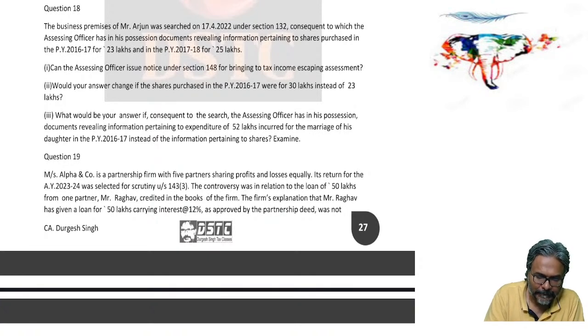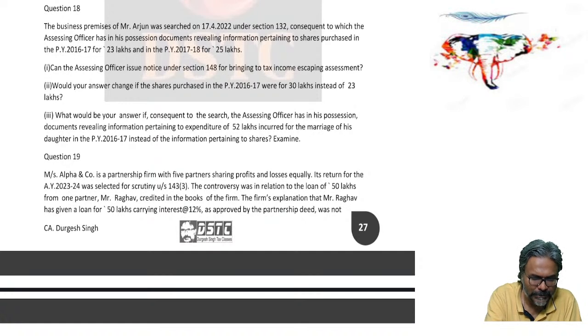Question number 18, Meghna. The business premises of Mr. Arjun was searched on 17th of April 2022 under section 132, consequent to which the assessing officer has in his possession documents revealing information pertaining to shares purchased in the previous year 2016-2017 for 23 lakhs and in previous year 17-18 for rupees 25 lakhs.